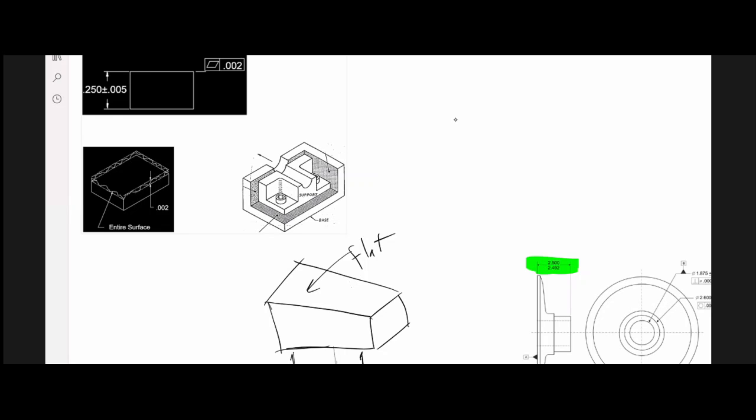I don't know how many of you are familiar with CMMs. You can also collect a lot of data, and then the CMM algorithm can rotate the whole feature, level it by software. So if you have access to a CMM or computerized data collection, you don't need to physically level it.